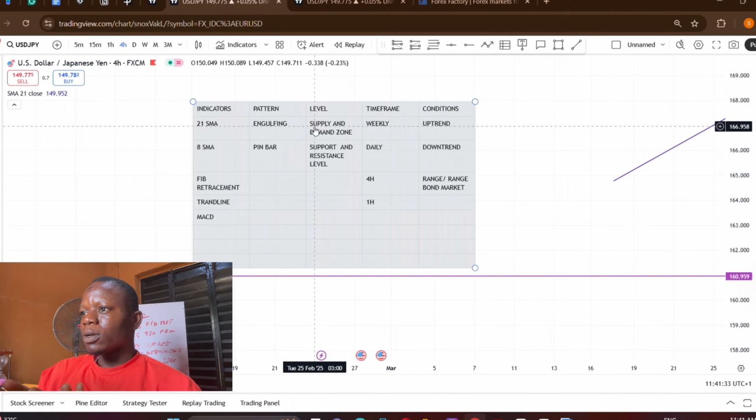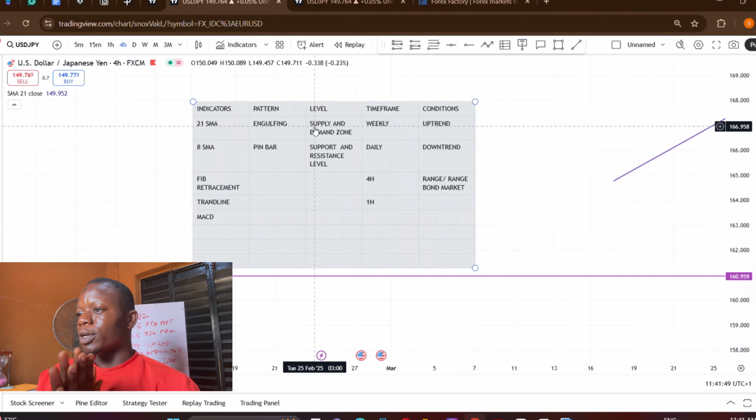When the indicators match with the levels and also match the candlestick pattern, it really gives us a good confirmation to take the trade.